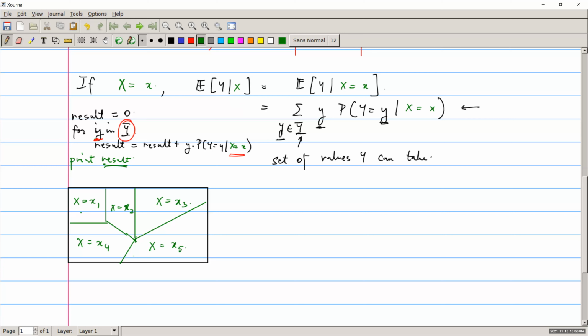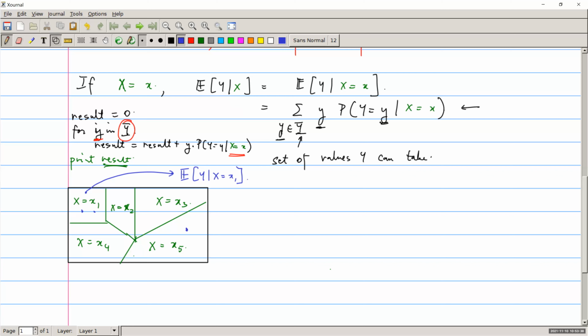Now, what is a random variable? A random variable maps every point in the universe to a number. That's the definition. Now the conditional expectation of Y given X does this: every point here is mapped to the number expectation of Y given X equals little x1.